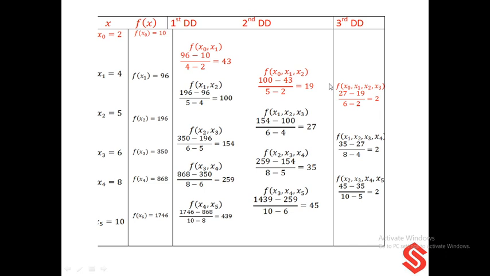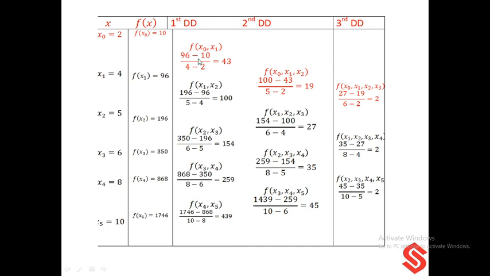So while writing this table, particularly while entering the values of divided differences, either first order, second order, or third order, you can either write the value directly by simplifying these values separately, or simplify in the table itself and put the values. Because as the number of values of x and y are more, you may get more columns here.